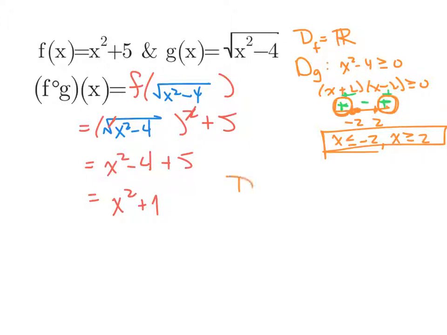So when it comes to the domain of f of g, remember, we only could take x's and plug them into g first, which meant that we were limited to a domain of x being less than or equal to negative 2 and greater than or equal to positive 2. Only those numbers could have been used in the first place. So you wouldn't ever have taken, say, x equals 0 and plugged it into g in the first place, so it's also not a part of the domain of f of g.